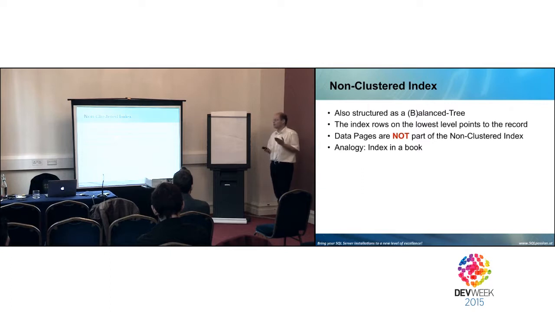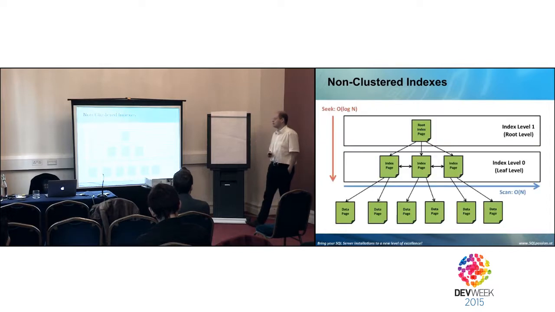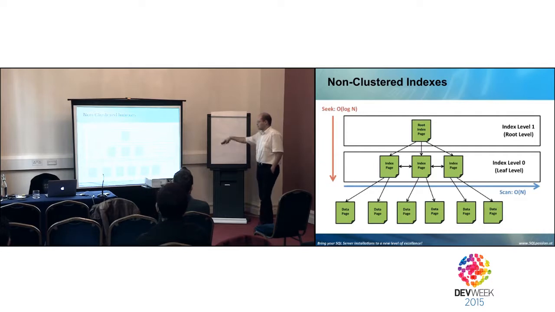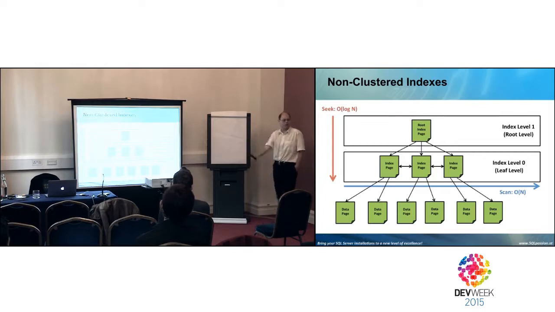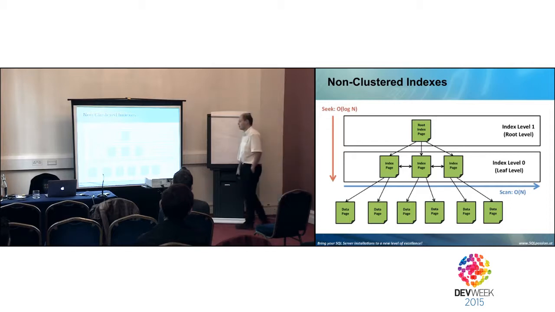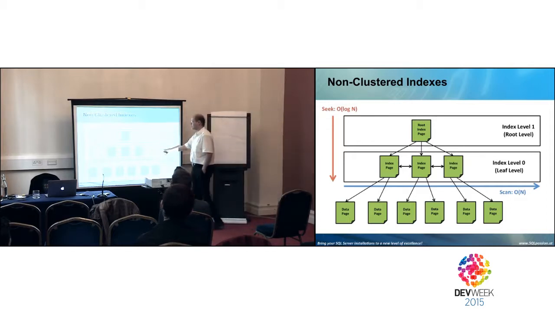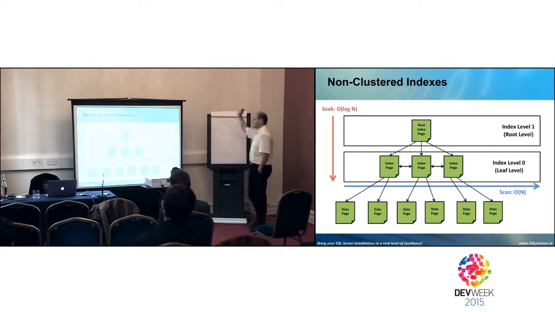A non-clustered index in SQL Server is again just a balanced tree, a B-tree structure that we have already seen previously with our clustered index. In a non-clustered index, we again have the leaf level. In the leaf level, we have our index records, which means for every record in our table, you have one record in the leaf level of the non-clustered index, and on top of that leaf level, you have again a navigation structure.